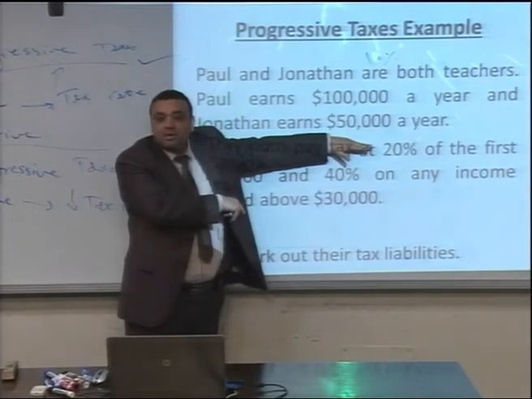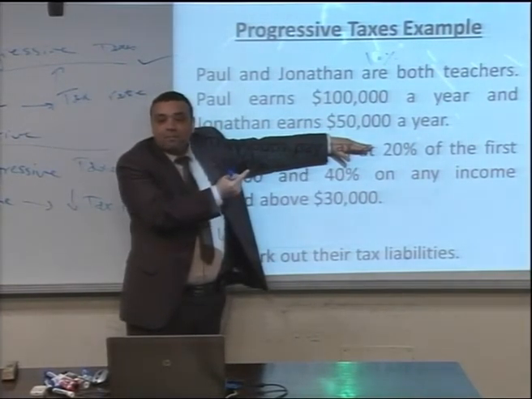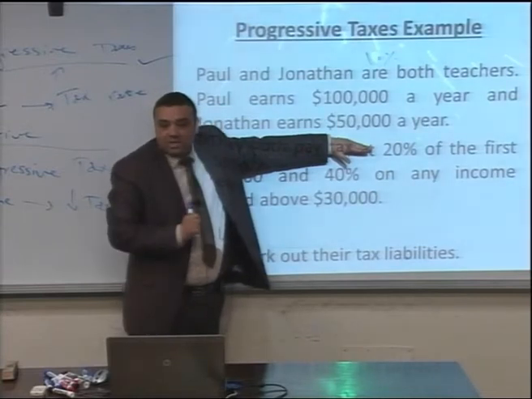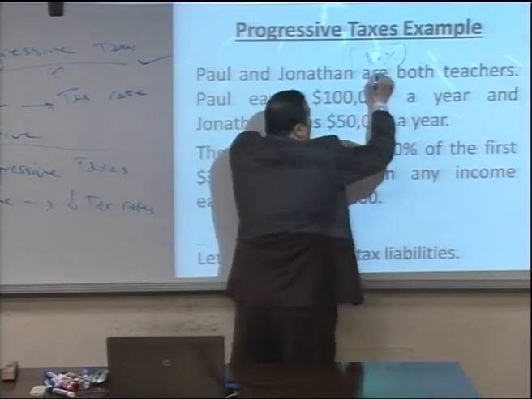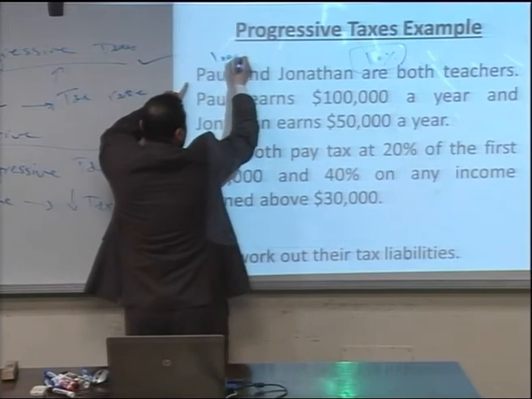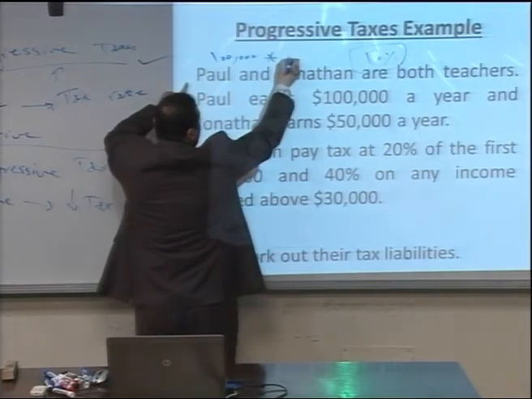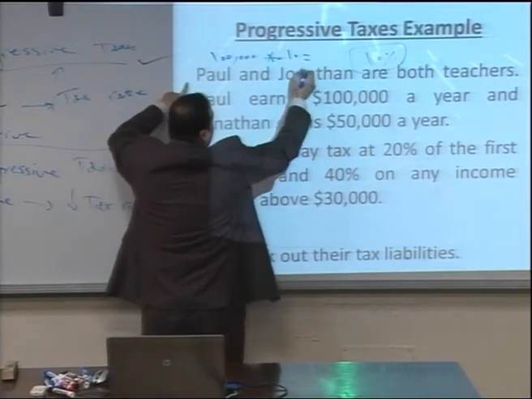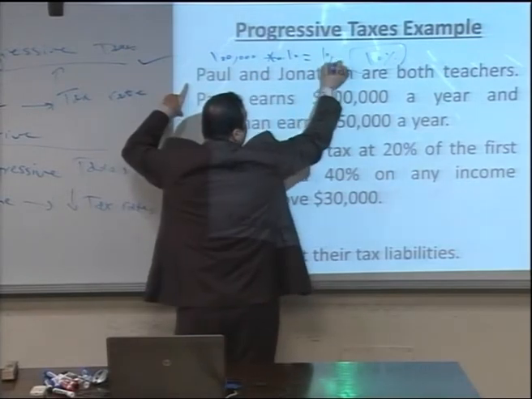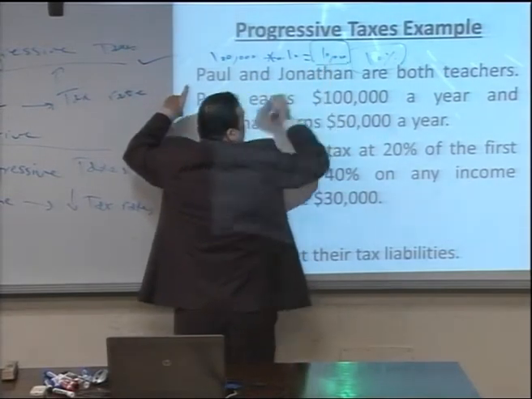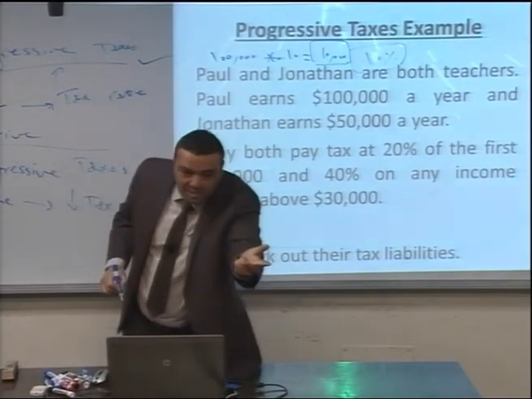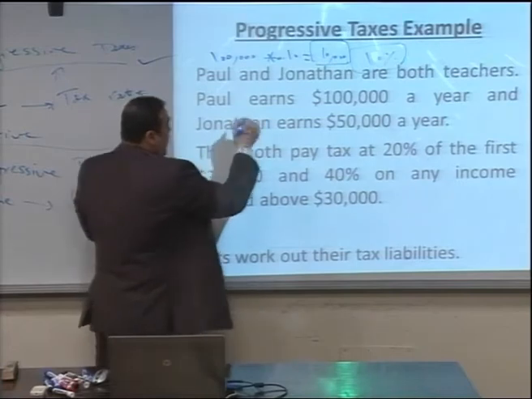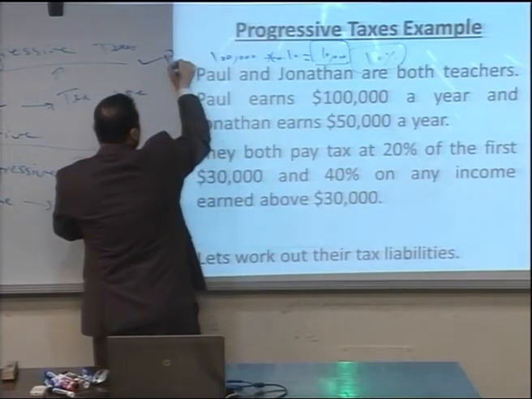How much should Powell pay for taxes, and Jonathan? Powell must pay 100,000 times 10% equals he must pay $10,000 under the fixed tax rate or the flat tax rate or the proportional tax rate. So, this is for Powell.